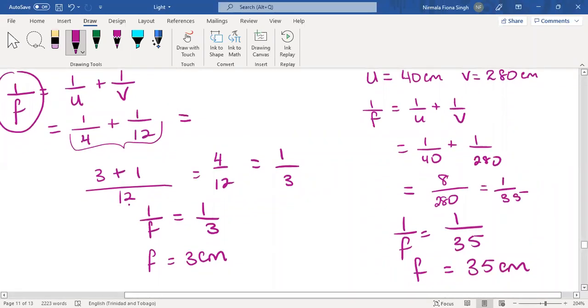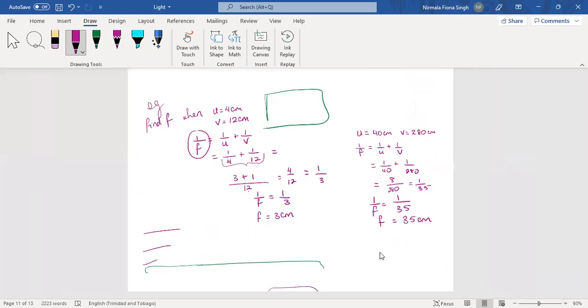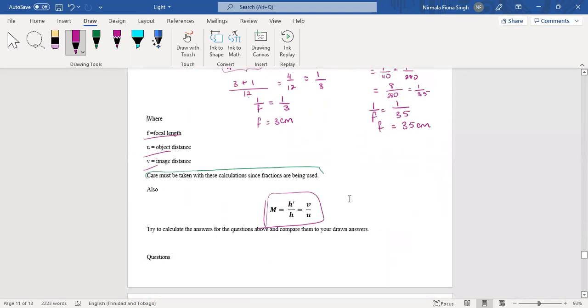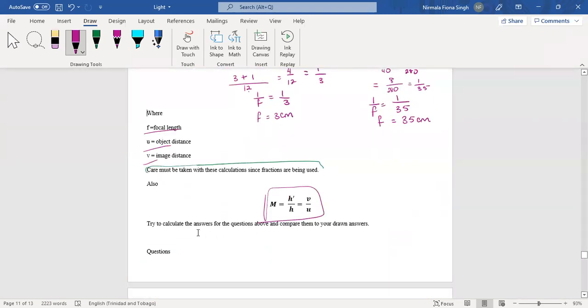Right? So let me just zoom out a little bit. In addition to the questions that you all are going to have to draw, you're going to now go and work out everything by calculation, just to double check what you have done.